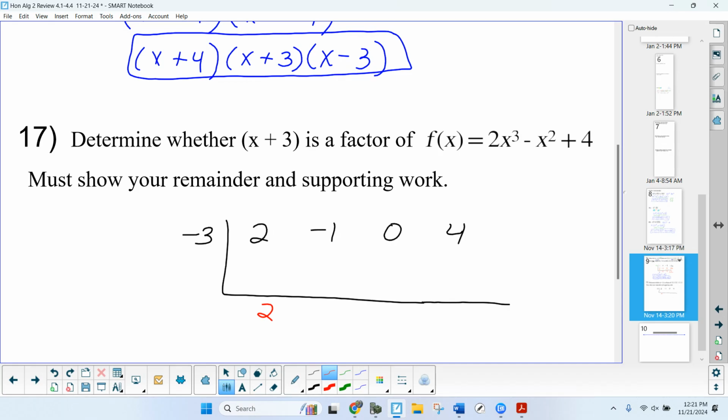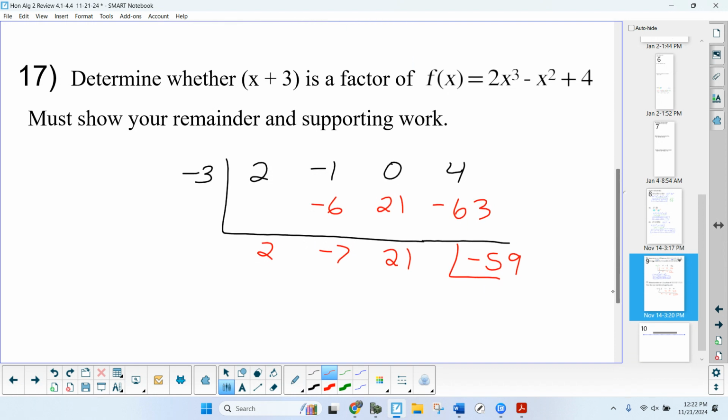Multiply, we get what? Add. Multiply. Well, careful. Add. Multiply. -63. Add. -50. No. Is this one a factor? Why not? Are we good?